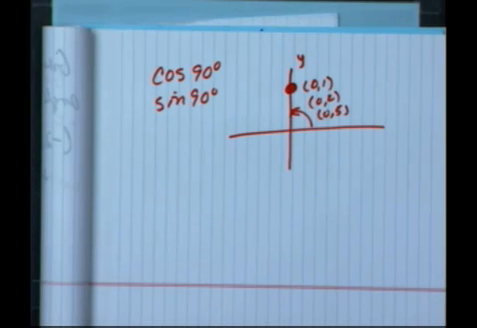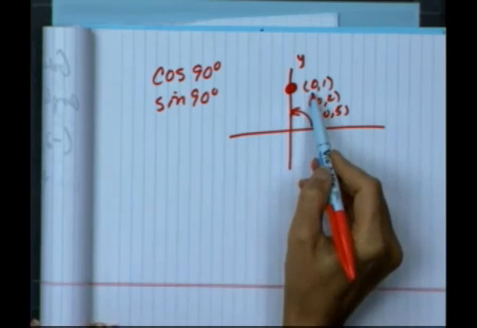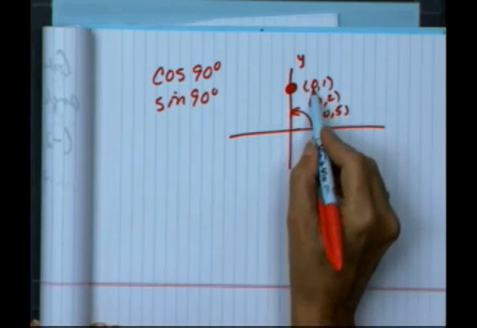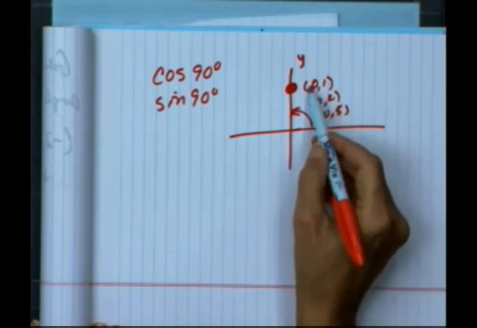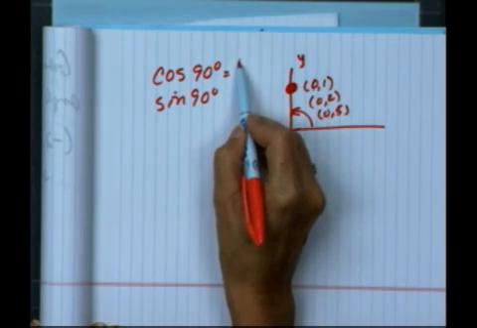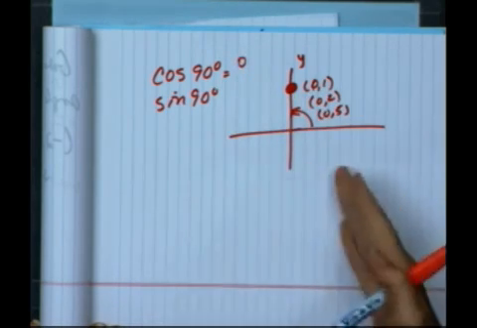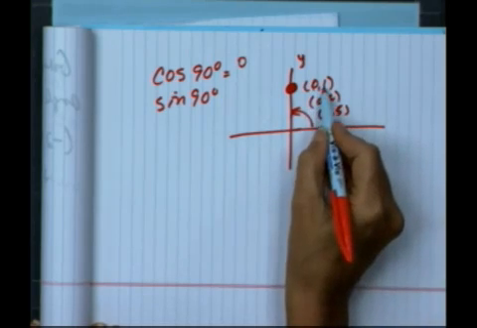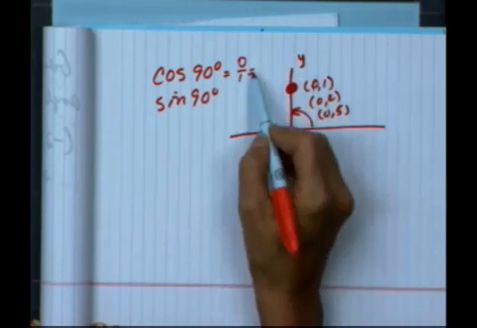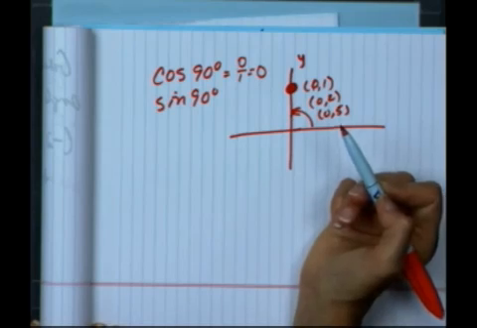And if I want to know the cosine and sine of this, and we've done everything in terms of opposites, adjacents, and hypotenuses, remember x is adjacent. So if we do a 0, 1, the adjacent side is going to be 0 because you go over 0. And the hypotenuse, of course, would have to be 1. The cosine of 90 degrees is 0.